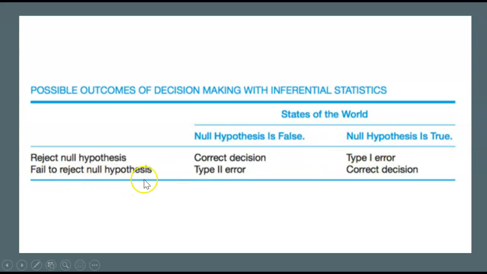If I fail to reject the null hypothesis, and the null is actually false, meaning there were differences to be detected, that's when I've made a type 2 error. If the null was true, then I've made the right choice.